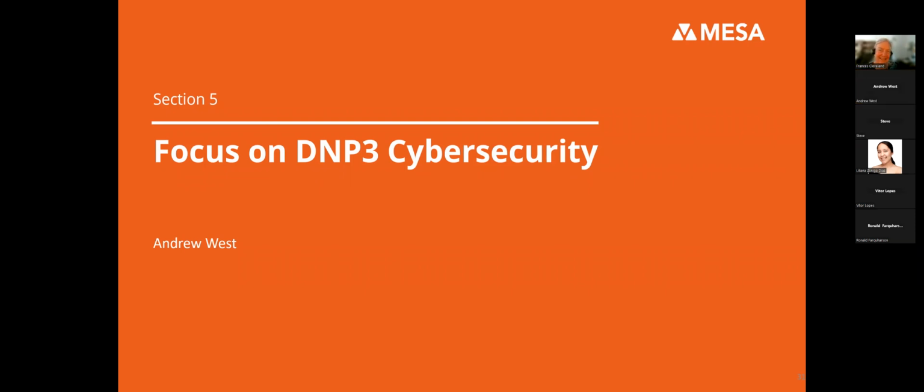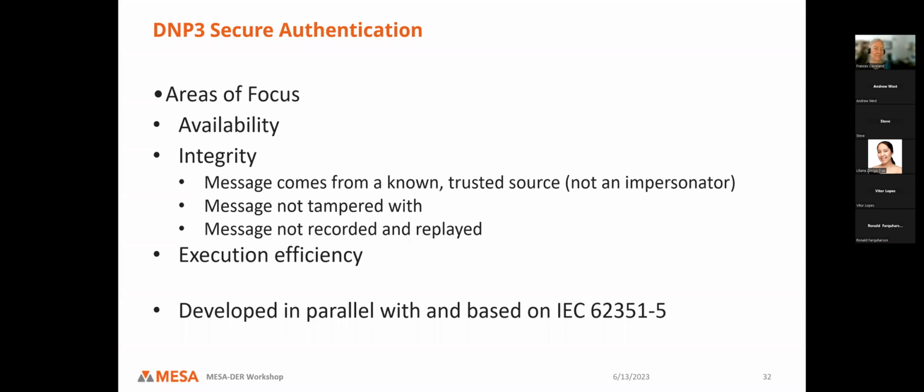So I'm going to be looking at particularly some of the internal characteristics of the cybersecurity features of DNP, which are the underpinnings for 1815.2 and the DER communications that operate over DNP. So moving forward, please, Francis.